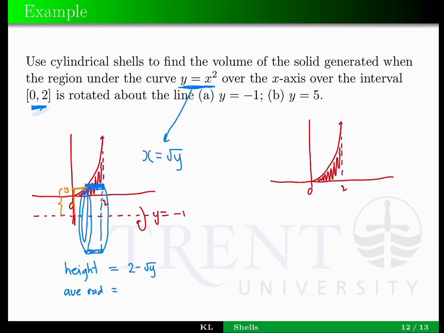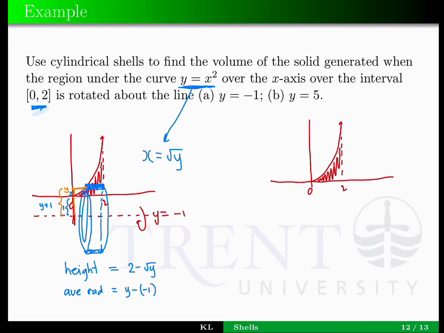So it becomes y plus 1 unit, or I will write it as y minus negative 1. So this one here is y plus 1. Y is this part here. This one here is 1 unit.